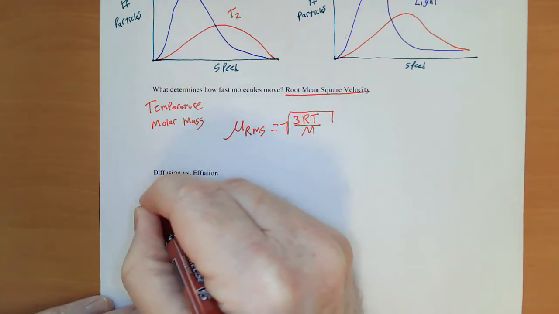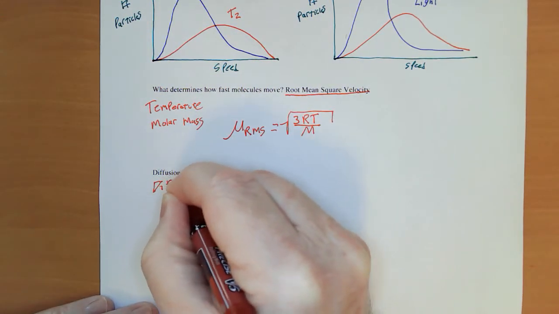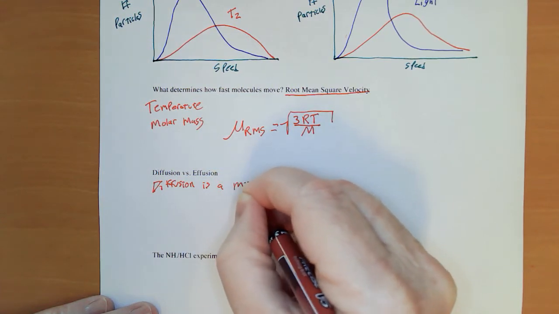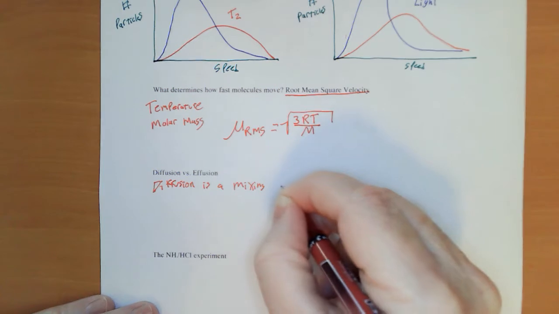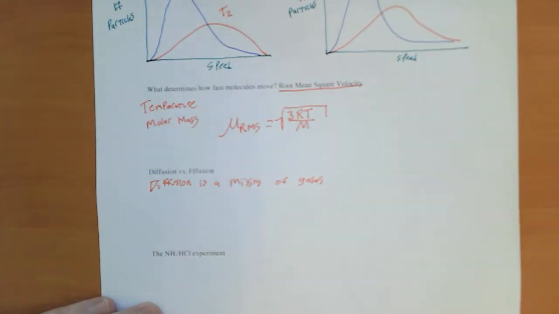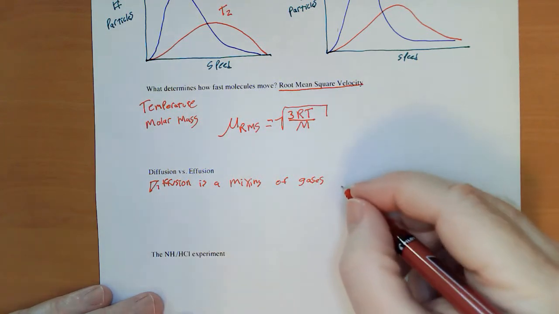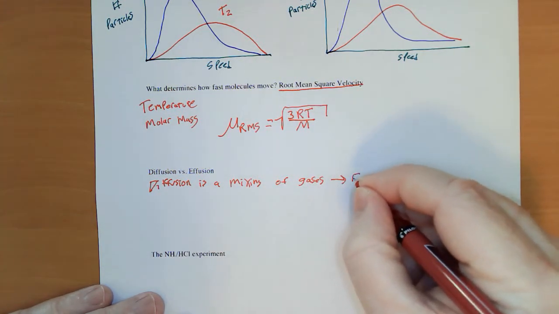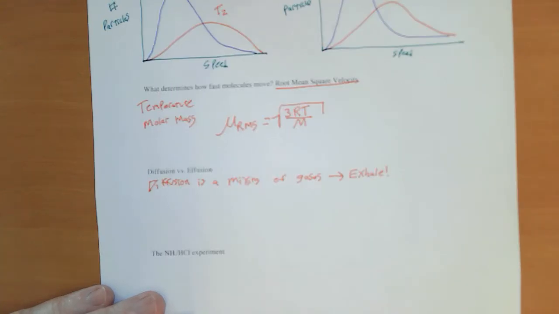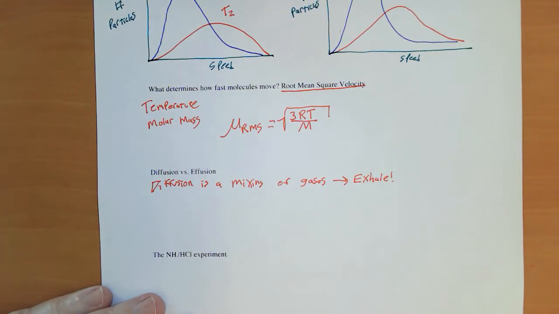Now, diffusion is a mixing of gases. If you exhale right now, what is coming out of you is mixing with other gases that are all around you. Okay?